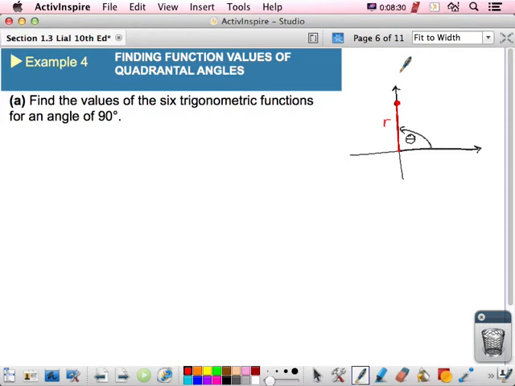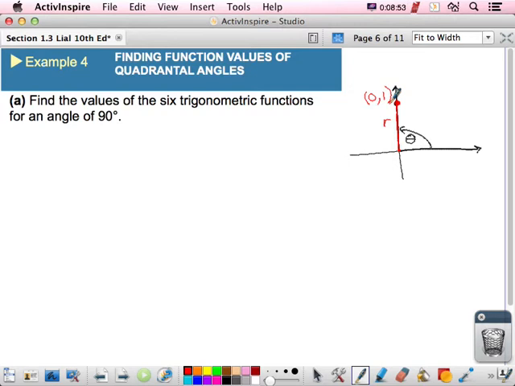If it's on an axis, always pick the one with the 1 in it. Your numbers are going to be smaller. It's going to be easier. You could do 0, 2, 0, 3, 0, 4, 0, 5. It wouldn't matter. But you're going to pick the one with the 1 in it. So we know that this point up here is 0 something, and we're just going to choose it to be 1. Does that make sense?